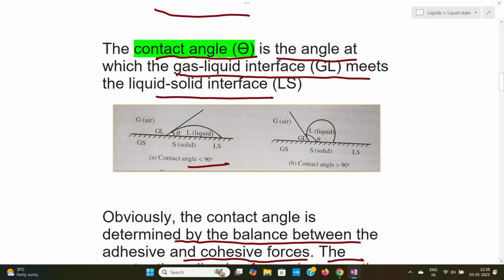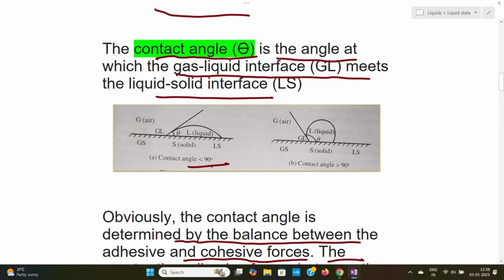Since the adhesive forces are strong, the water will try to spread on the surface and increase the surface area. Therefore, water spreads on the solid surface and the contact angle is less than 90 degrees.